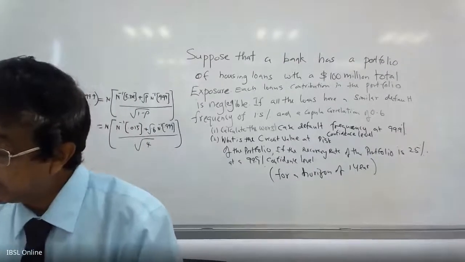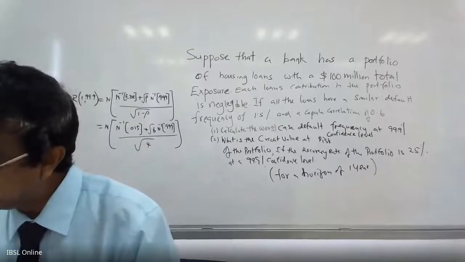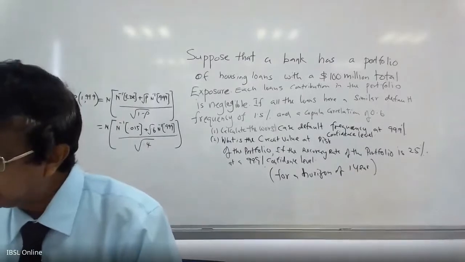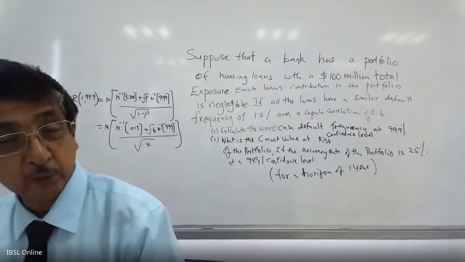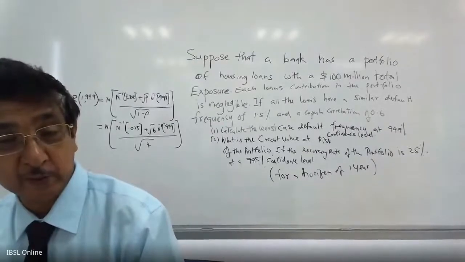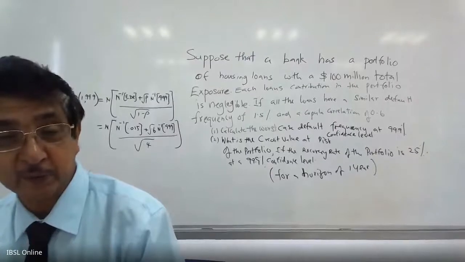Very fortunately, you get the same value, because rarely can that happen. You always get a figure which is close to that value, but here you get the same value. So that's a fortunate situation.